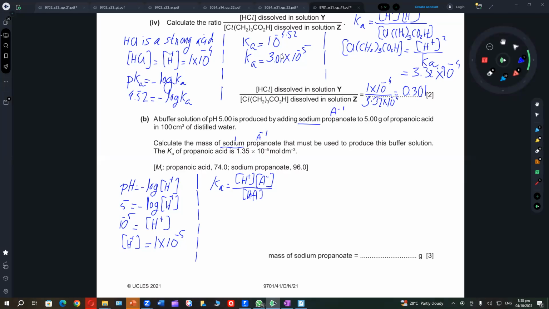So I have H plus, but I don't have the HA concentration. For the acid, he has given me mass and volume. Can we make the concentration of HA? Our equation is ready, but the problem is if I rearrange it, I will get Ka times HA. I do not know the HA concentration, and I have H plus.